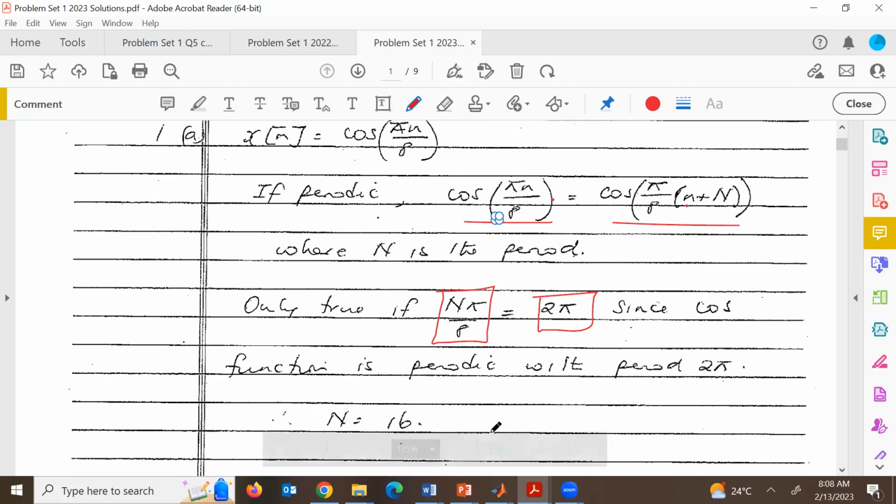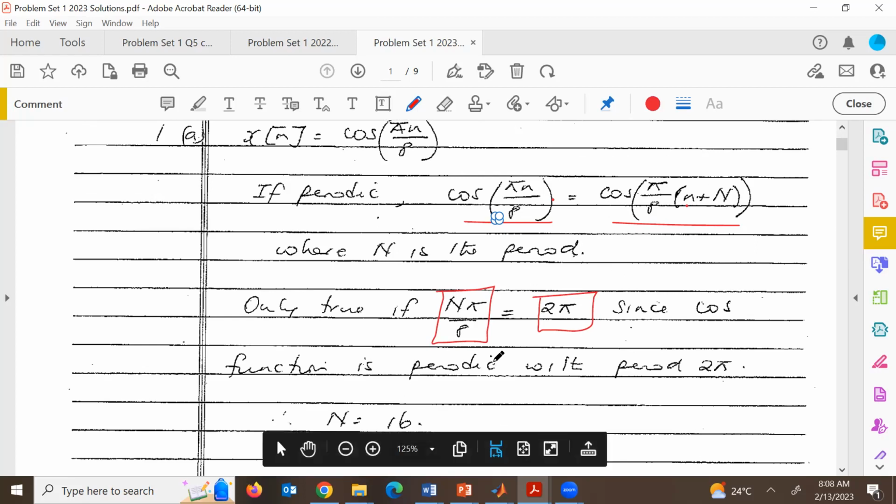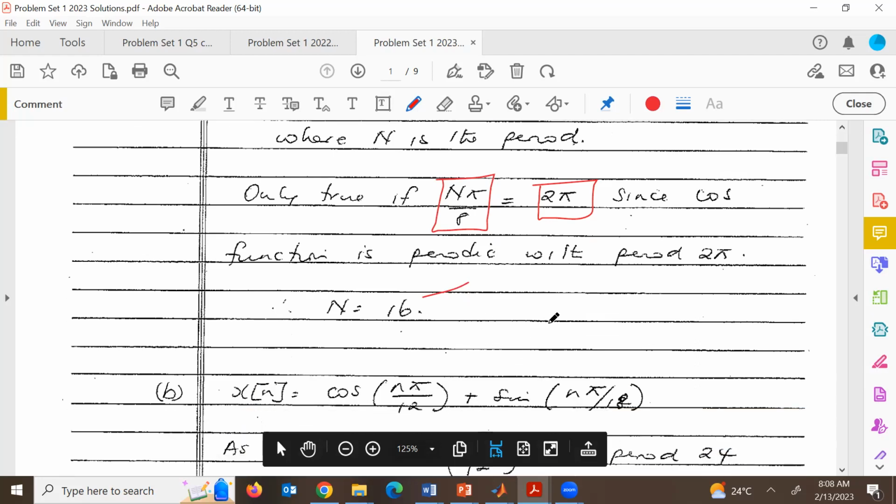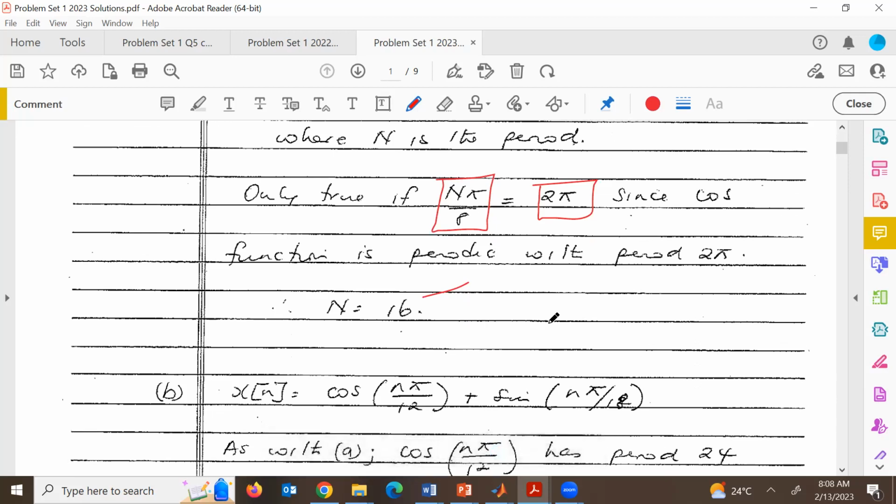And this will only be true for n equal to 16. So in this particular instance, after 16 samples, that particular signal will repeat itself. So it is periodic, and the period is 16. Notice that the period is twice this number here. Fair enough?